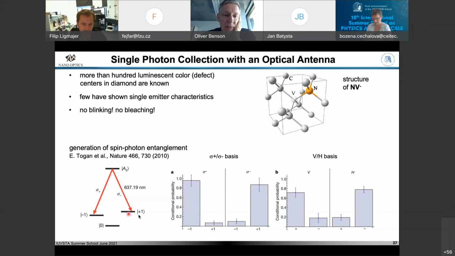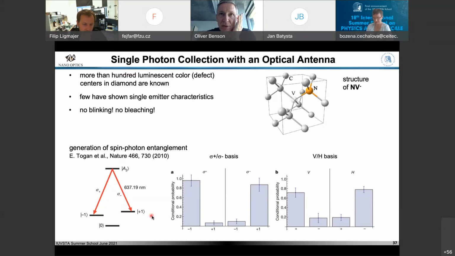And if they are otherwise identical, maybe if you match this so that the frequency is identical, then the only difference between these two photons would be the polarization. And this means after decay of such a system, you have either a sigma plus photon and the atom in this state, or you have a photon with this polarization and the atom in that state.